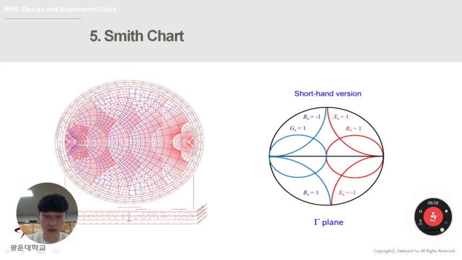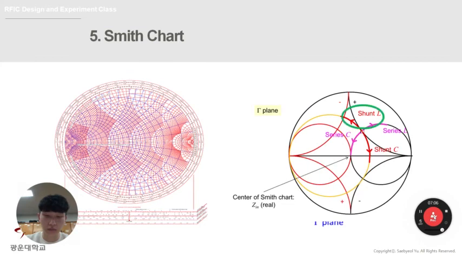Through this, it is possible to express the impedance value of the load as a single point. A shunt inductor for matching moves the impedance in this direction. A series capacitor for matching moves in this direction, used to match load and impedance in this way.